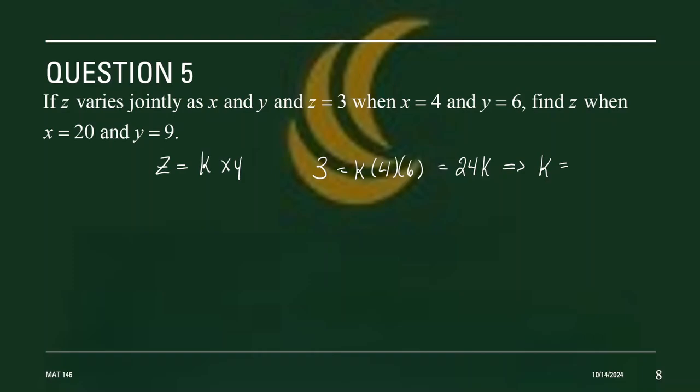If z is 3 when x is 4 and y is 6, then 3 would equal 24 times k, which makes k 1/8. So we can say there's our model.